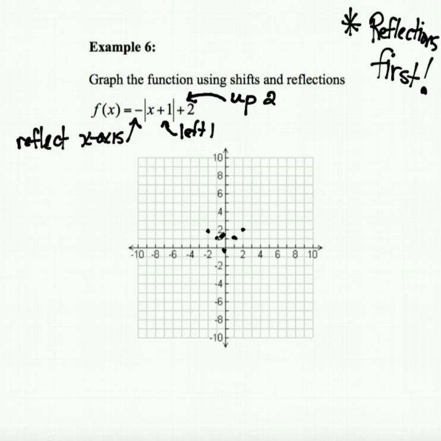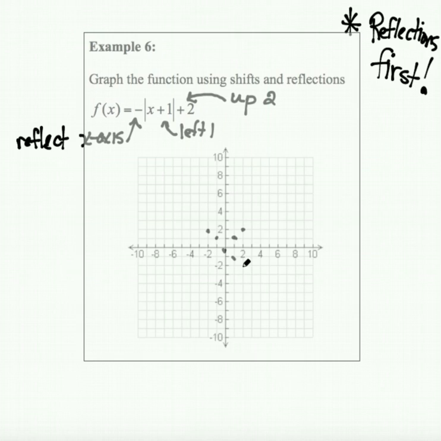So again, I have 5 points plotted. That's what an absolute value function would look like. Now, if I reflect that across the x-axis, I'm going to now have this set of 5 new points.